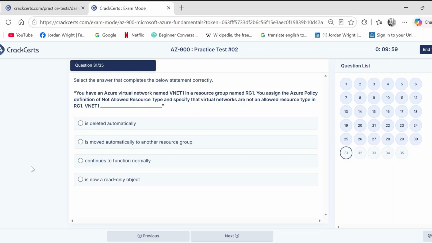Okay, so I'll let you read through that one. I'm not going to read it out myself. So VNet 1, you got RG1. Oh yeah, I know this one. So it's going to be a read-only object.